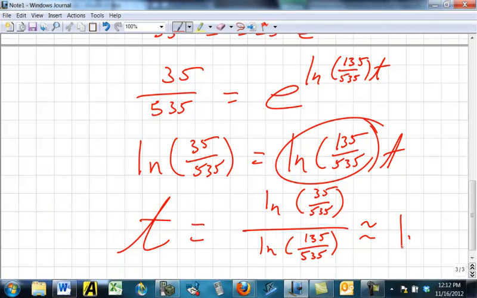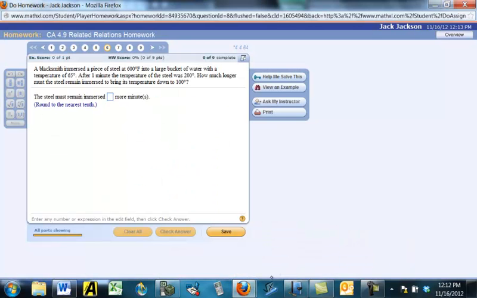About 1.98, and that's minutes. So about 1.98 or 2.0 minutes. Let's see how they want us to round off the answer. Nearest tenth, 2.0.